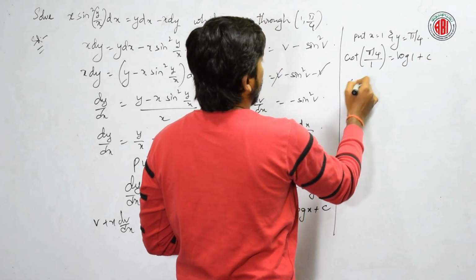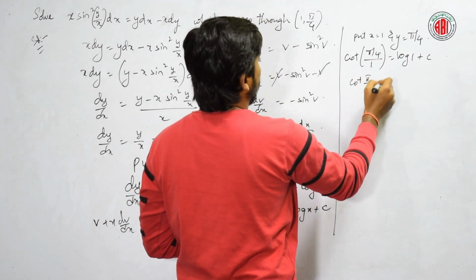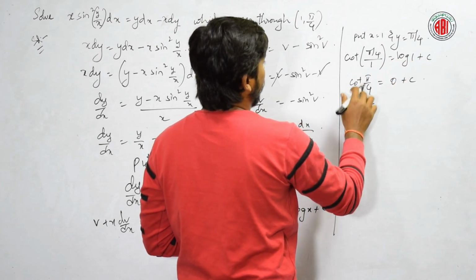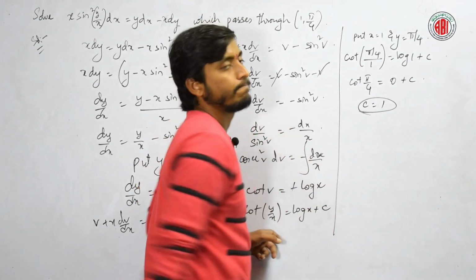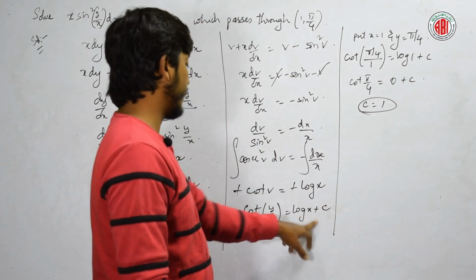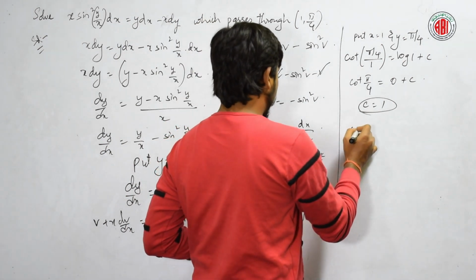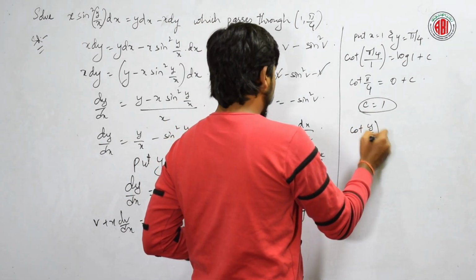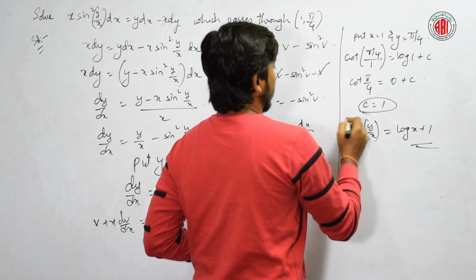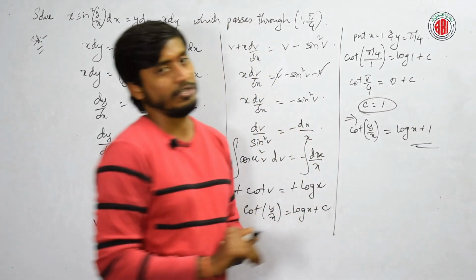Is it? Cot pi by 4, log 1 is 0, plus c. What is cot pi by 4? That is 1. Isn't it? We got the value of c as 1. Let us substitute that c here, then we will get cot (y by x) equal to log x plus 1. This is my final solution.